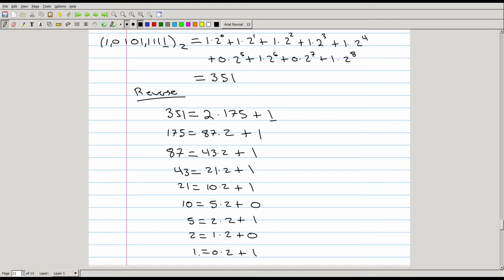And then lastly, 1 is equal to 0 times 2 plus 1, which is this one right here.